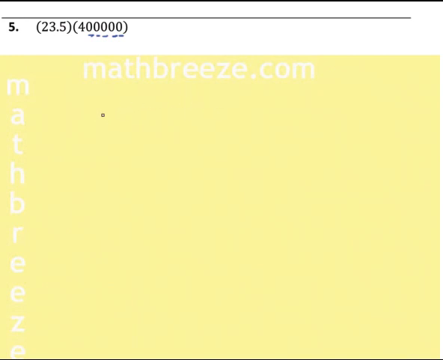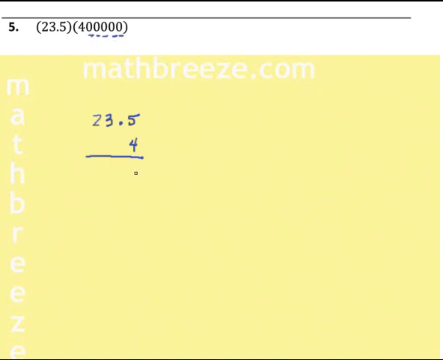What we're going to do is multiply 23.5 times 4, and then we'll take care of these zeros by moving the decimal point in our product to the right 5 places. All right, so we'll first just multiply by 4.